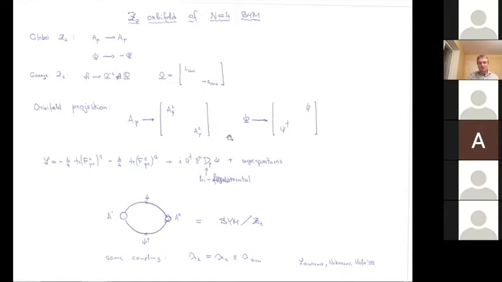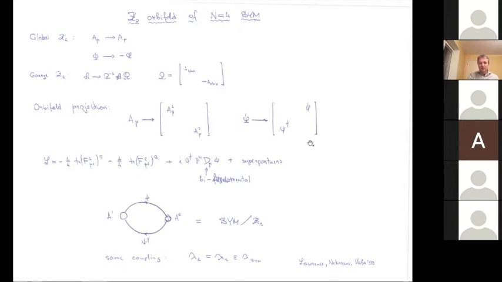So our orbifold projection then eliminates off-diagonal components of the gauge fields because they change sign under these Z2 gauge transformations, and global Z2 acts trivially on them. Whereas for matter fields, we have to cross out the diagonal components for the reason that there is a non-trivial global Z2 action.